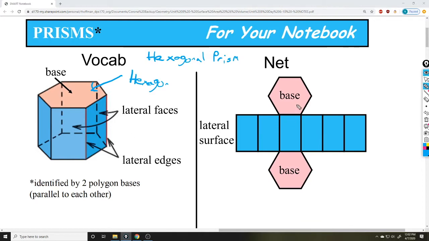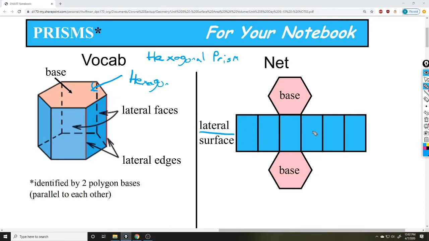And the sides that are not the bases are called the lateral surfaces. And this is going to be important because we're going to talk about the area of these places that are not the bases, and we're going to call it the lateral area. So when you see lateral area, it's just the area of this part of the shape.